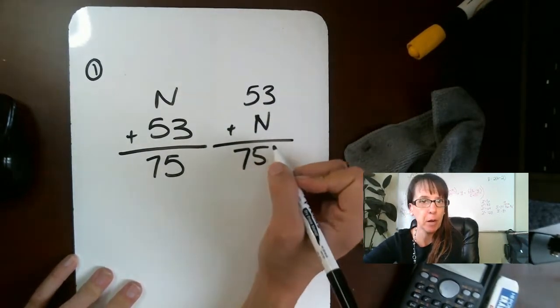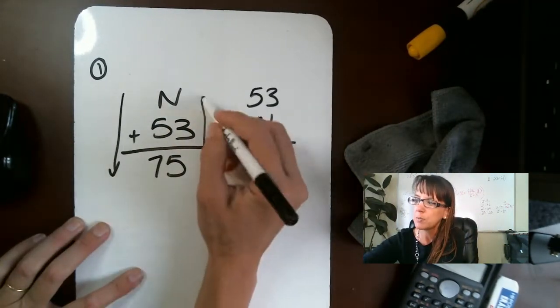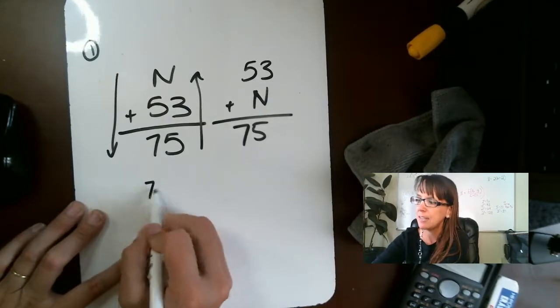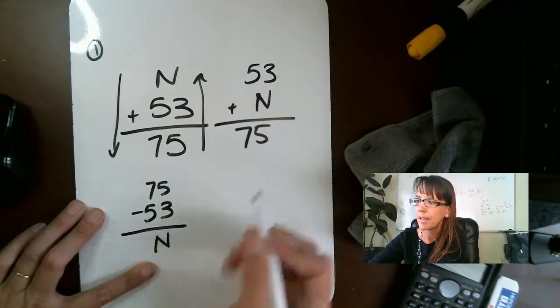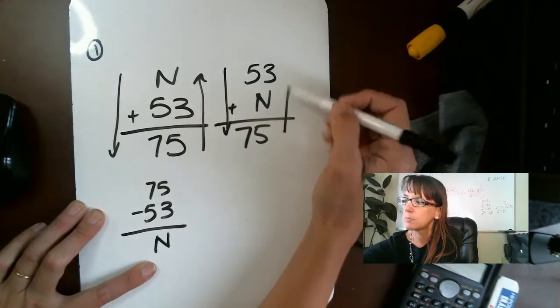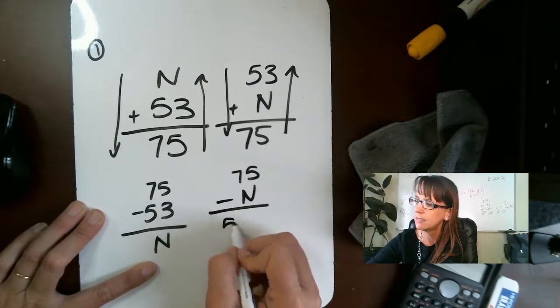Commutative property, we're allowed to flip them back and forth. If we add in this direction, we subtract in that direction, which means 75 minus 53 is n. If we add in this direction, we subtract in that direction, which means 75 minus n is 53.